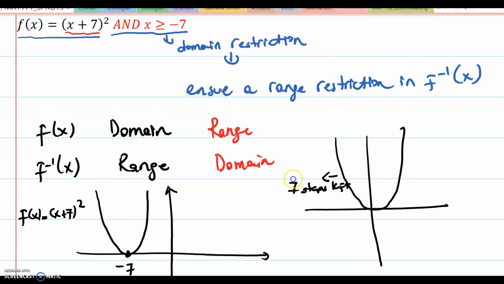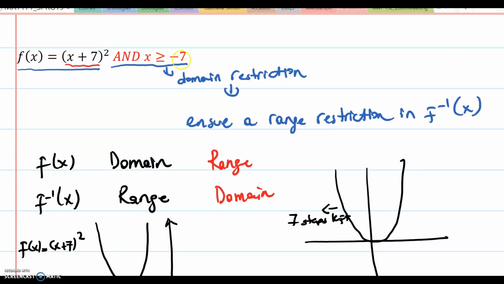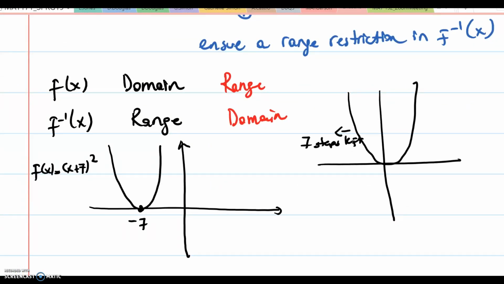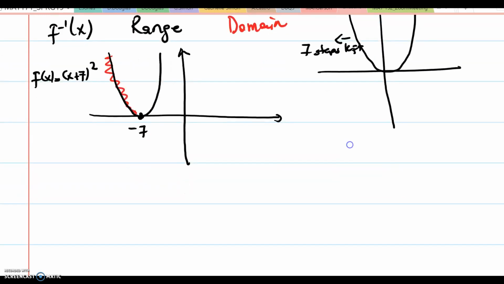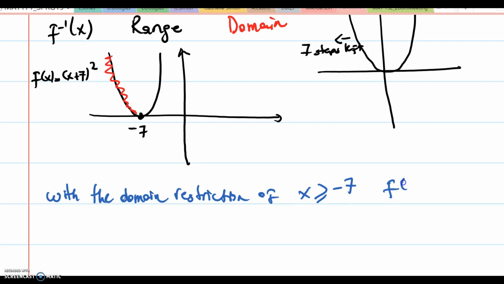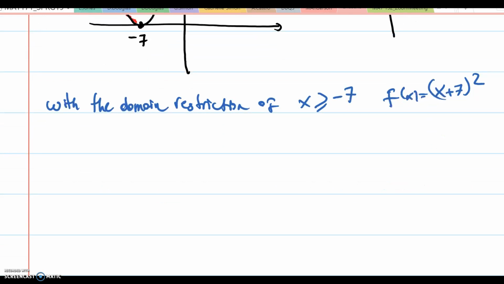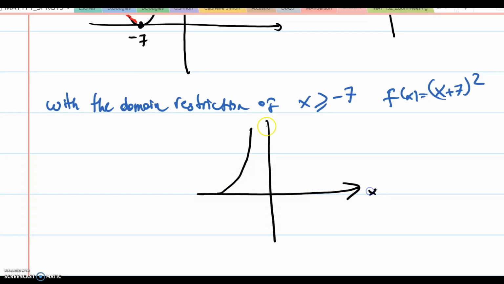However, they're saying that x must be greater than or equal to -7. Then, in that case, I can't have these x values. So with the domain restriction of x greater than or equal to -7, f of x, (x plus 7) quantity squared, will become just this, one half of the parabola.